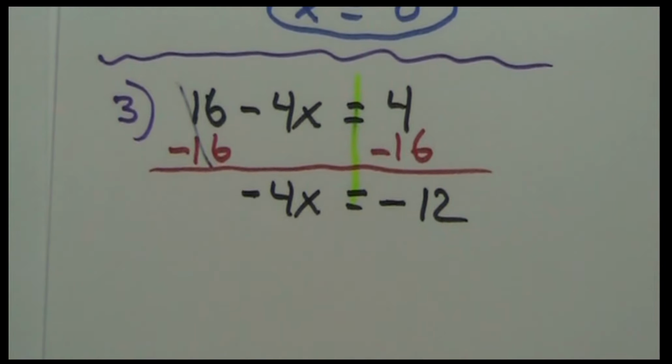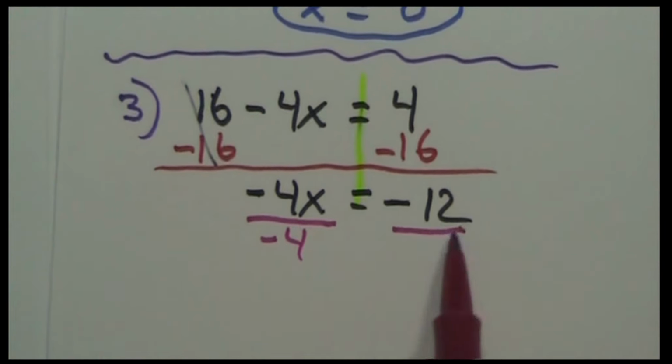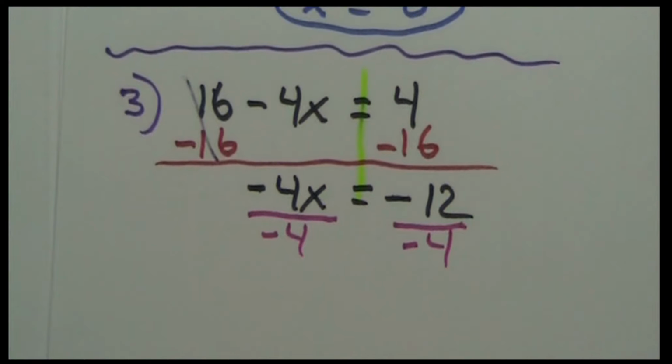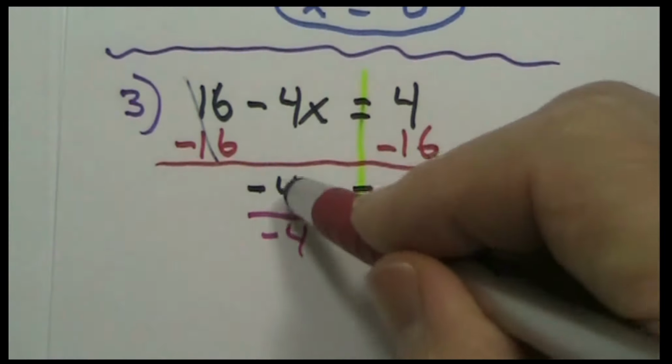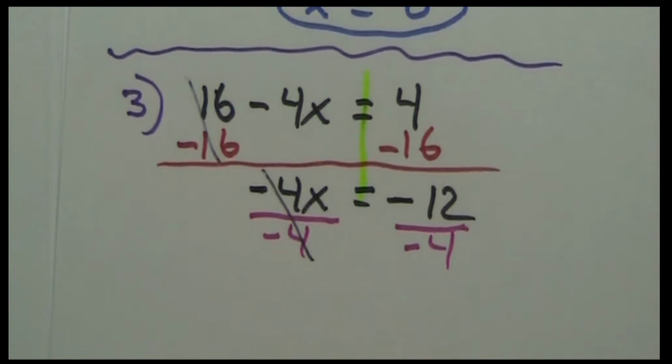Okay, now we want to get rid of the negative 4, the coefficient. Negative 4 times x, so we do the opposite, we divide, both sides. We do that so that these will reduce to just 1. We have 1x.